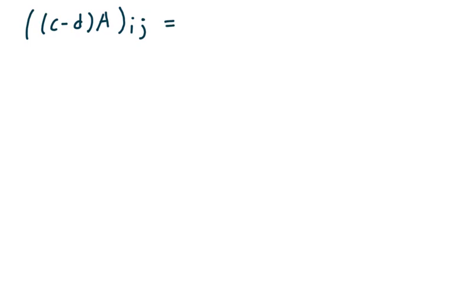Well, by scalar multiplication, essentially I can take this (C minus D) out in front. So this is equal to (C minus D) times the entry in the ith row, jth column of A. Now, real numbers have the distributive property.